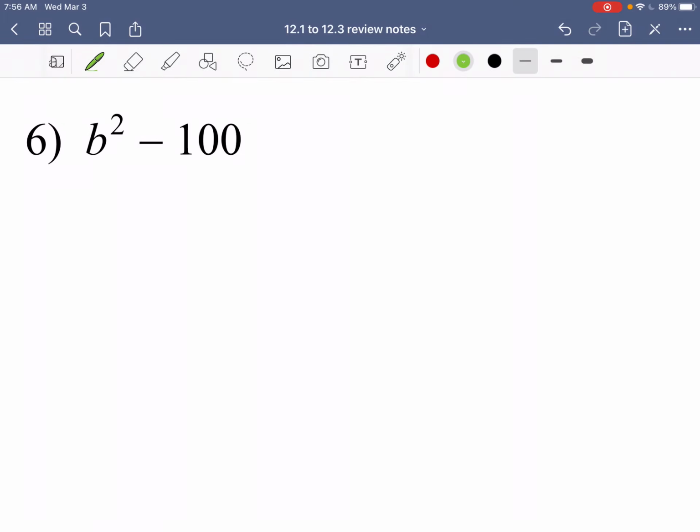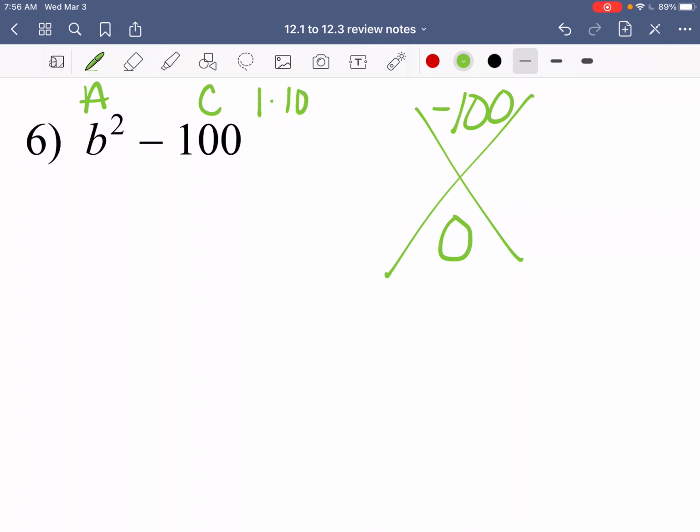Number 6 has an a value, it has a c value, it's missing the b value, so the b value is 0. So there are tons of things that multiply to be 100. We have 1 and 100, 2 and 50, 4 and 25, 5 and 20.